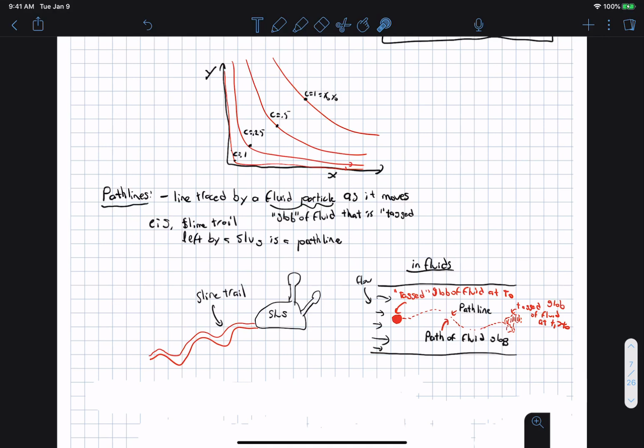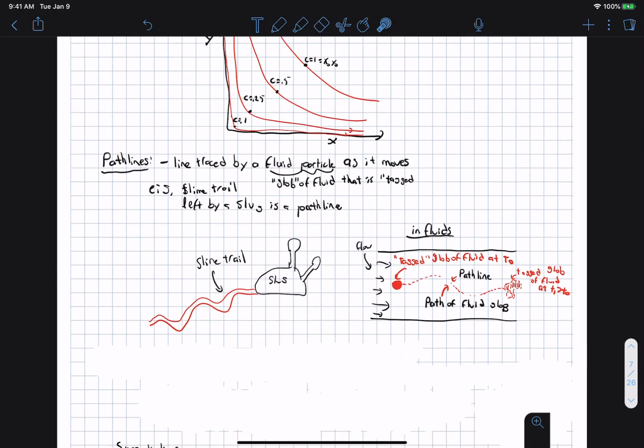Experimentally, how you find a path line is you have some sort of channel where you're doing an experiment, and we'll have some sort of dropper, and as the droplet moves down the channel, it'll leave a trail behind it. And that trail that is left behind by the glob, by this dropper, is called the path line.